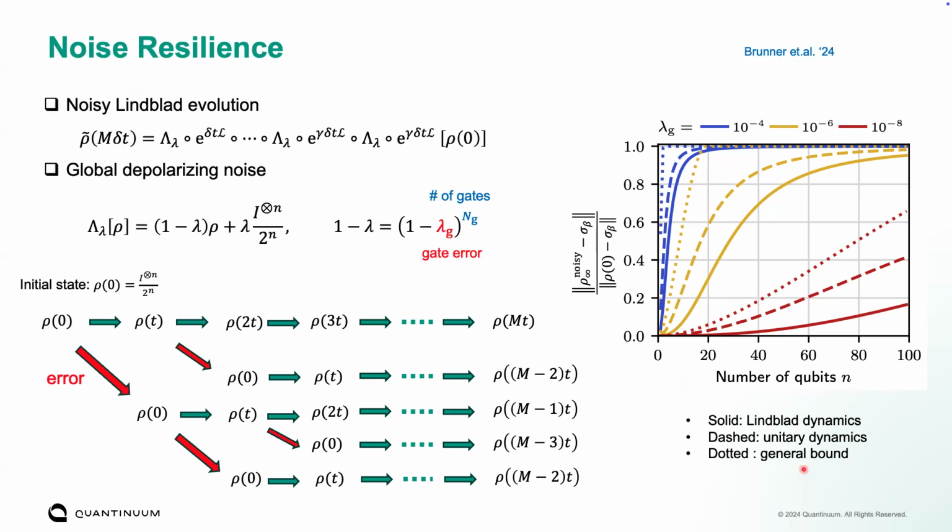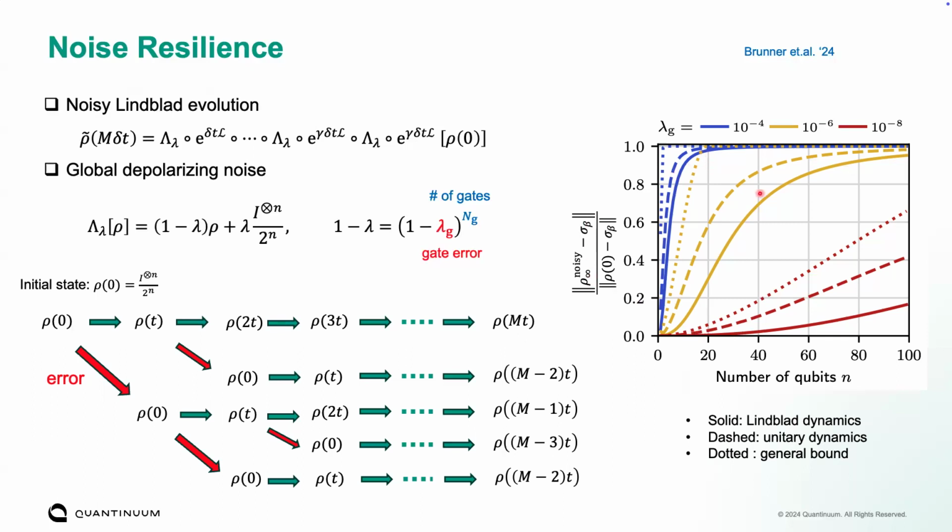And finally, this dotted line is just an analytical upper bound you can calculate, which upper-bounds both these curves. Of course, if you look at 10 to the minus 4 and then going to 20, 40 qubits, even though Lindblad dynamics is better than the corresponding unitary dynamics, the distance between the noisy fixed point and the Gibbs state is still very large.